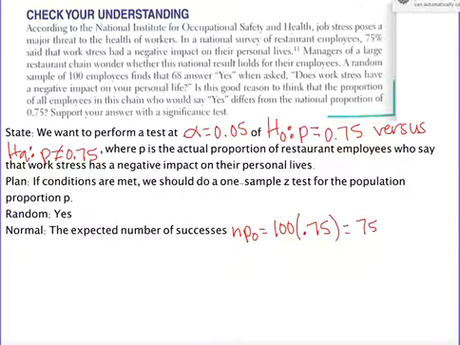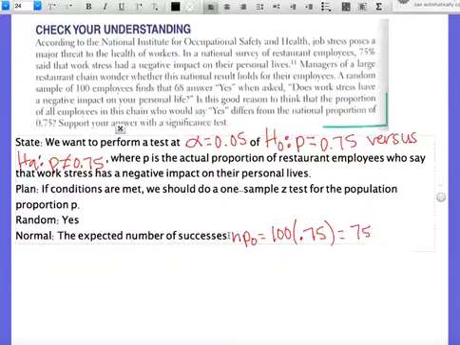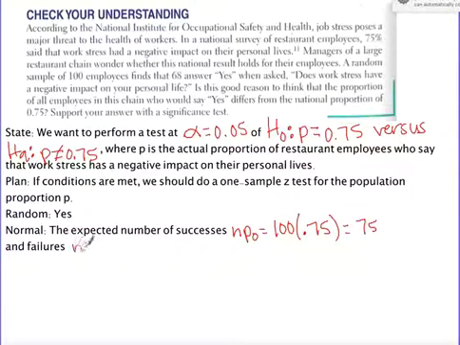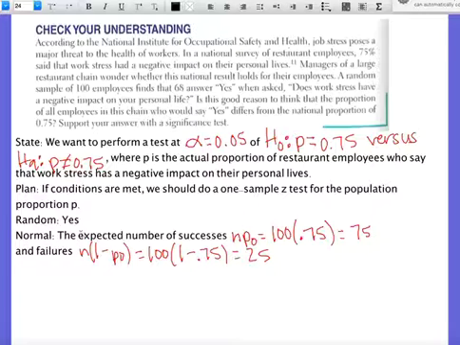So now we're going to do failures. To do the failures, you're going to do n times 1 minus P0. So that would be 100 times 1 minus 0.75, which is going to be 25. So the expected number of successes and failures are at least 10.